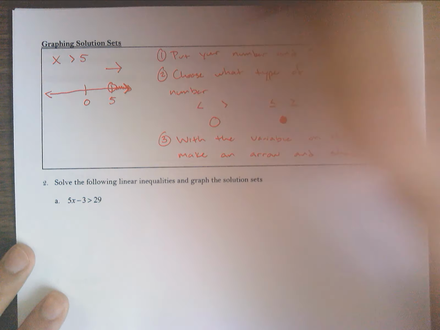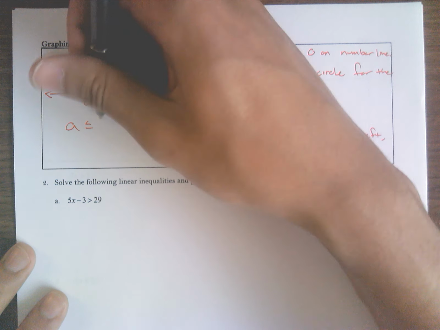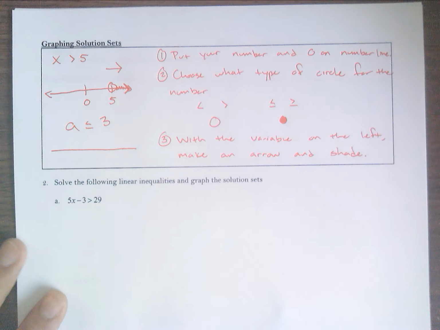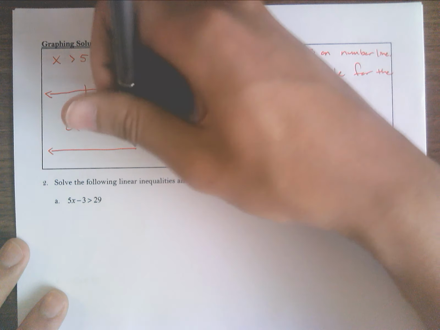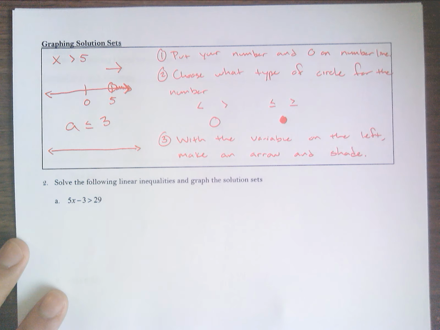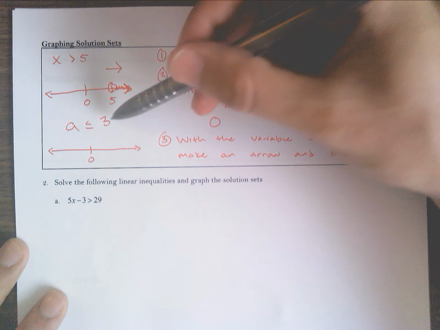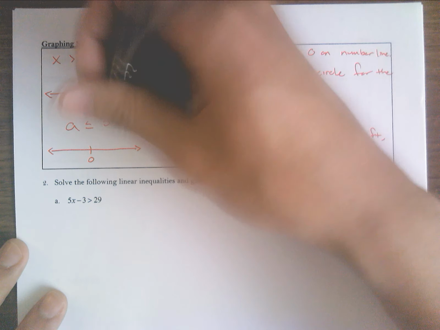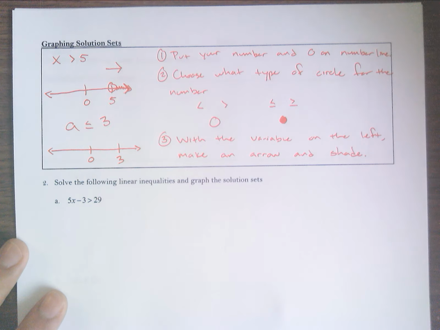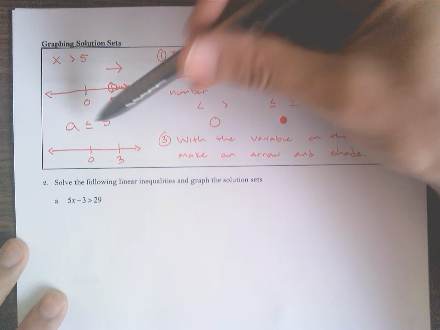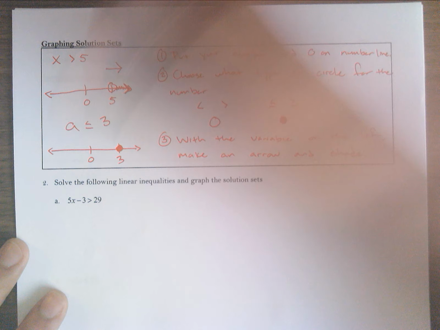Let's do another example. Say I have A is less than or equal to 3. So I draw my number line. I put 0 in the middle, and then I also put my number on there. So my number is 3, which is positive, so it'll go on the right-hand side. Choose what type of circle. Well, this is less than or equal to, so it's going to be a shaded circle or a closed circle.